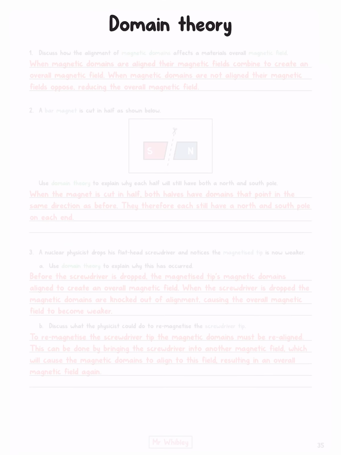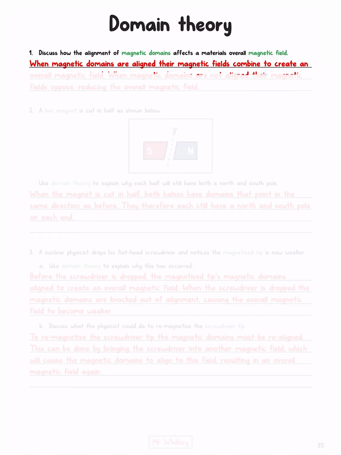Domain theory. Question 1. Discuss how the alignment of magnetic domains affects a material's overall magnetic field. When magnetic domains are aligned, their magnetic fields combine to create an overall magnetic field. When magnetic domains are not aligned, their magnetic fields oppose, reducing the overall magnetic field.